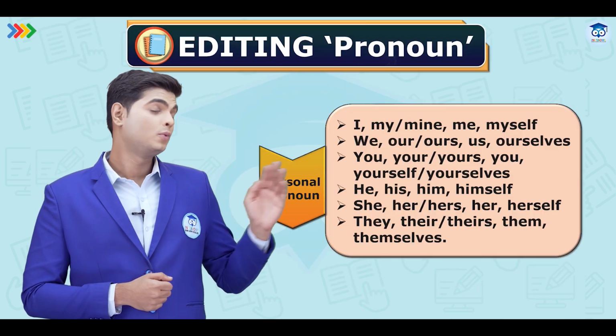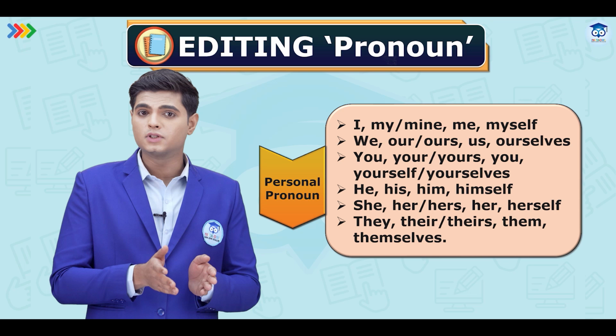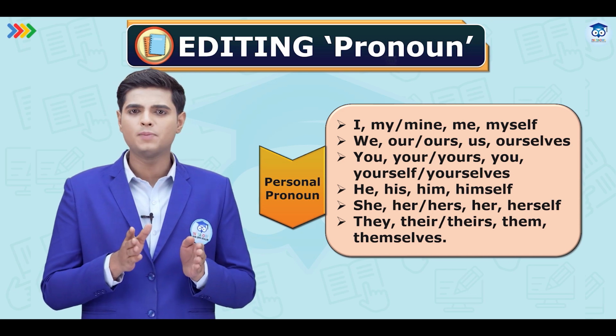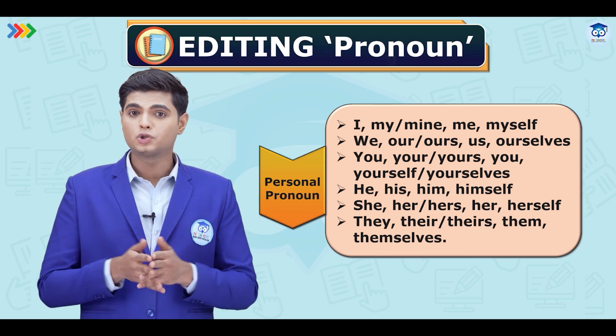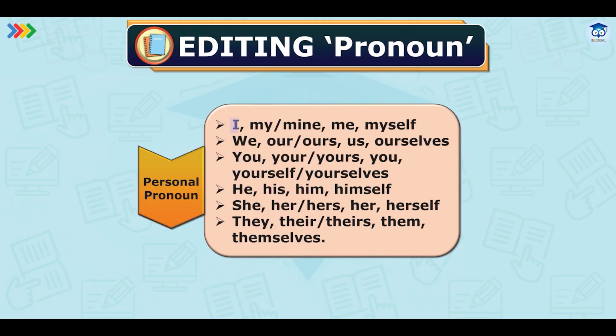Moving toward pronouns. They replace nouns, and using the right form is very important for clear communication. For example, when you refer to yourself, you use I, my, mine, me, myself. When you talk about groups that include yourself, use we, our, ours, us, ourselves. For speaking directly to others, use you, your, yours, yourself, yourselves.